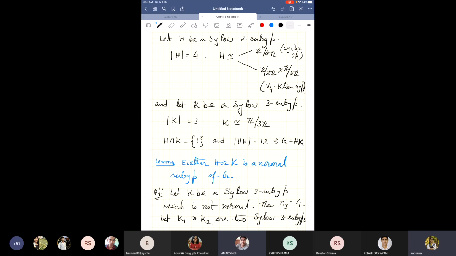Identity, because I am choosing them to be 2 different Sylow 3 subgroups. So K1 intersection K2 will be a subgroup of K1 as well as K2, but both of them are of order 3 and both of them are distinct. Therefore, K1 intersection K2 should be equal to identity.